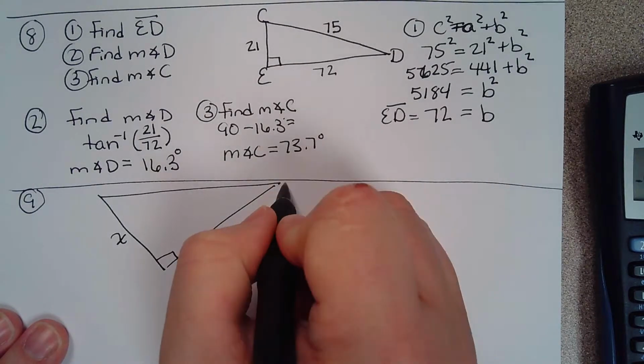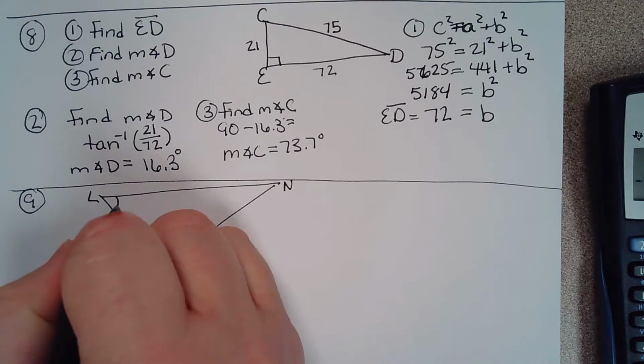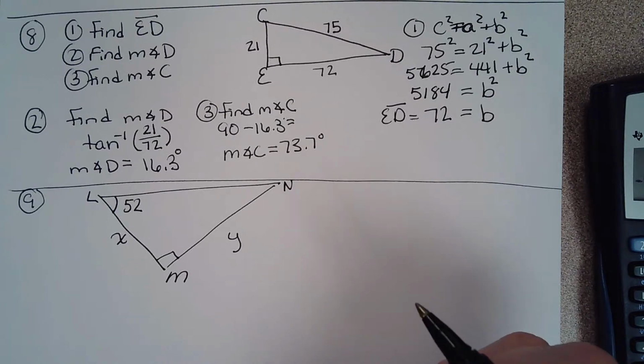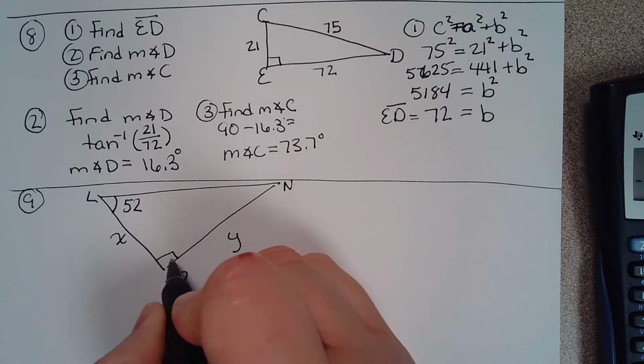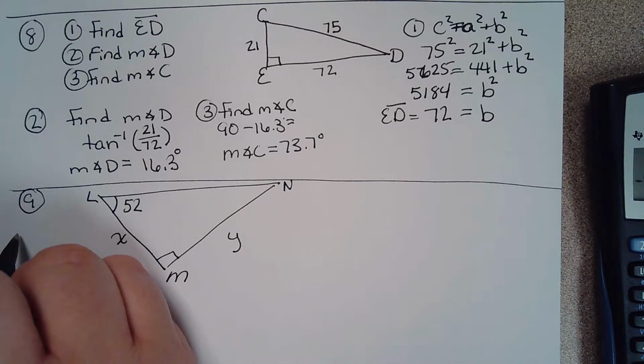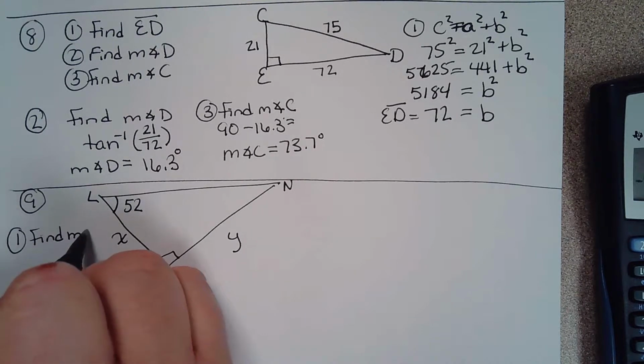This is N, M, and L. And I'm giving you 52. So one of them is to find the measure of the missing angle. In this case, I already have this set up. So for step 1, we're going to find measure of angle N.